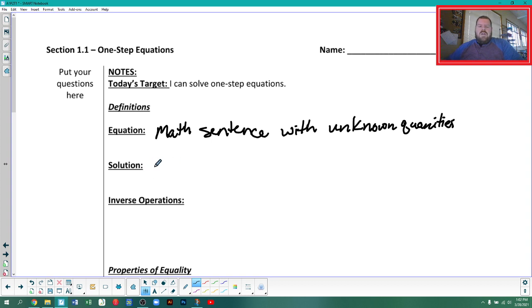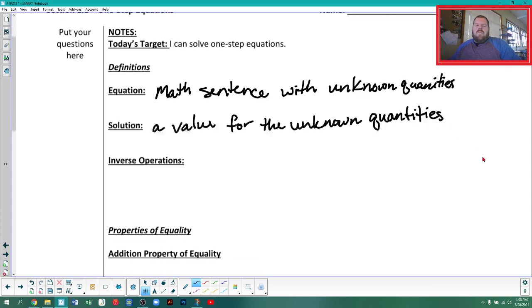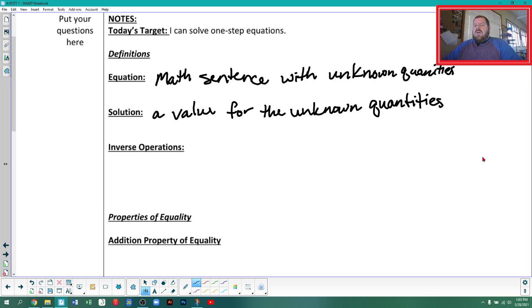And a solution is a value for the unknown quantities. Handwriting's going bad. And the way that we solve math equations is by using inverse operations.